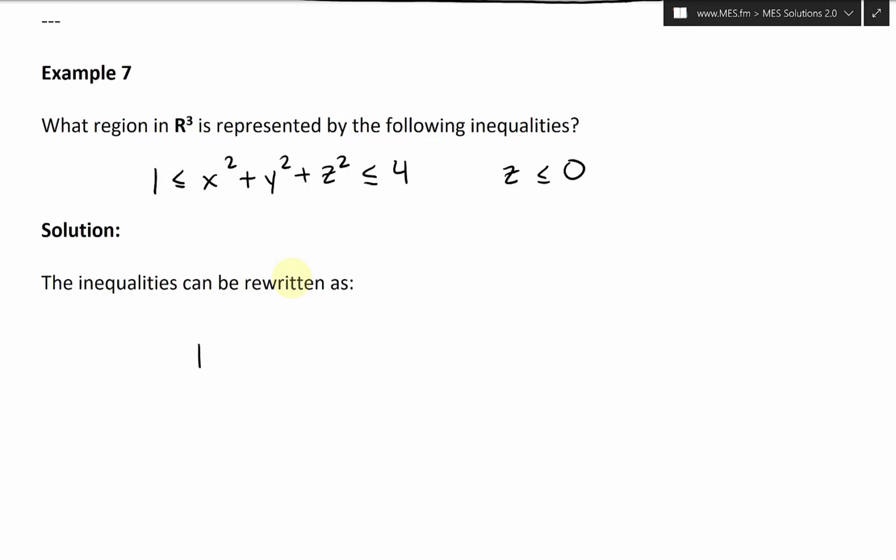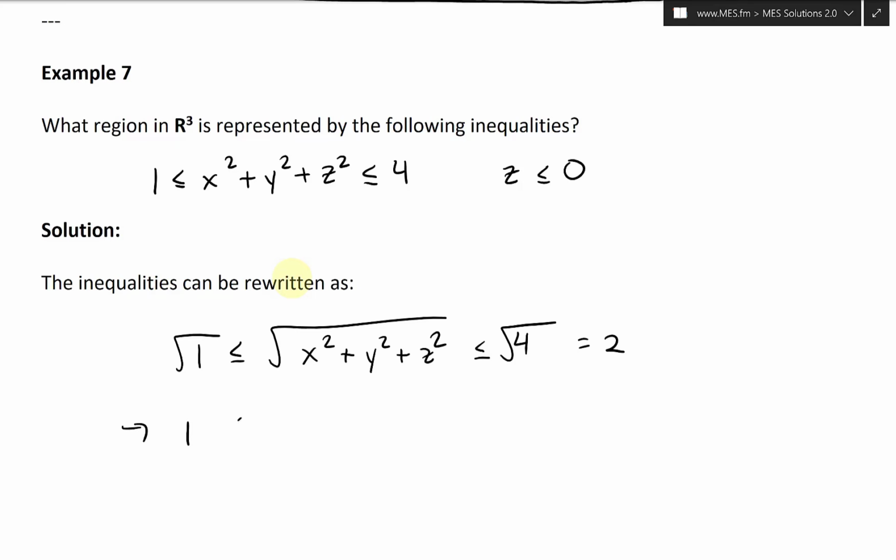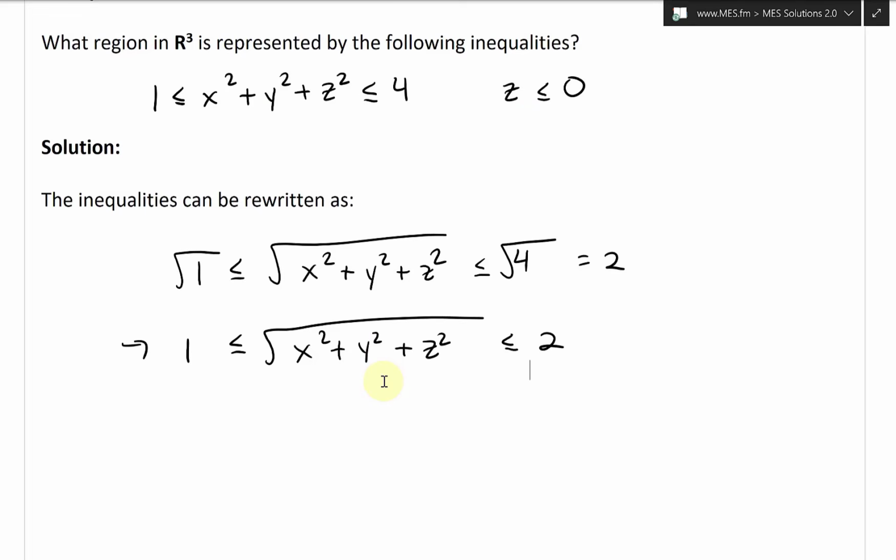So what we'll do is square root of 1 is less than or equal to the square root of x squared plus y squared plus z squared, and this is less than or equal to the square root of 4, which equals 2. In other words, that's a distance less than or equal to 2. And we'll only look at the positive because we're looking at distance right here.